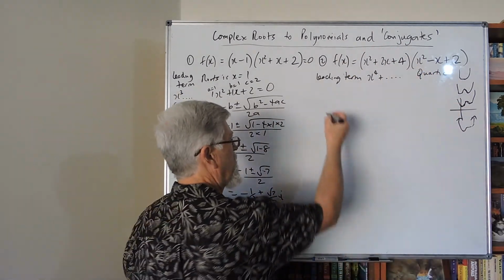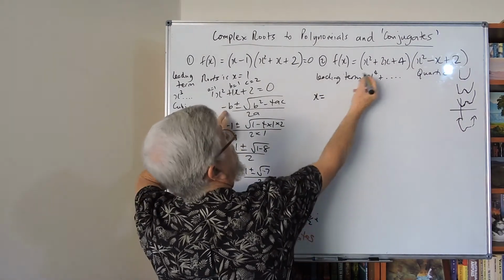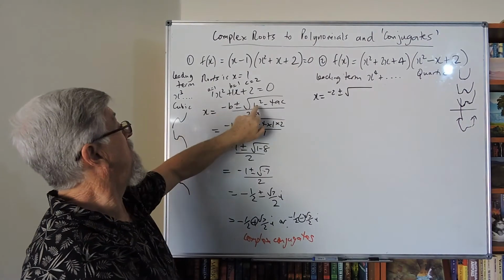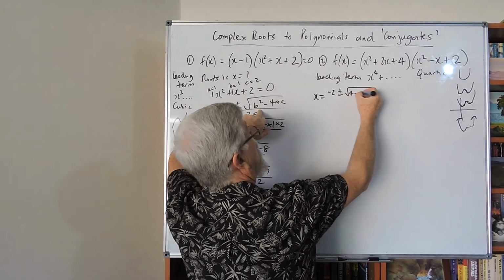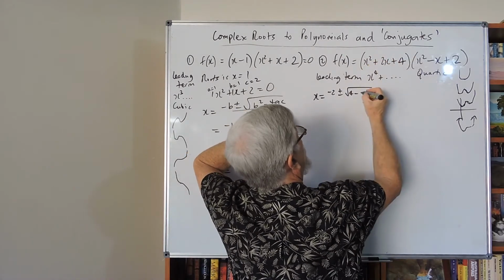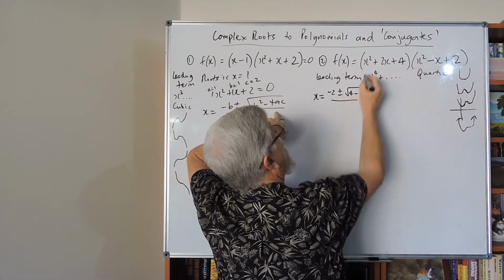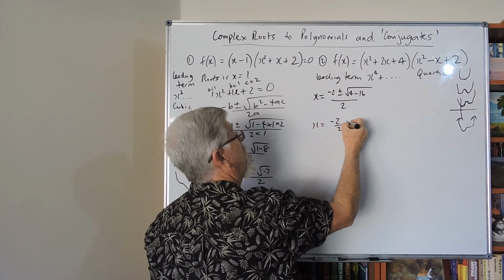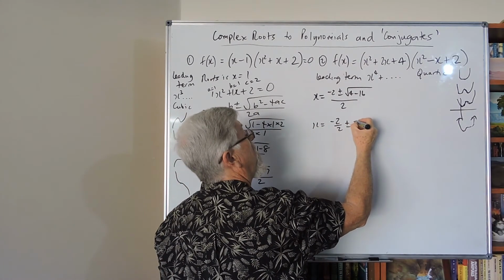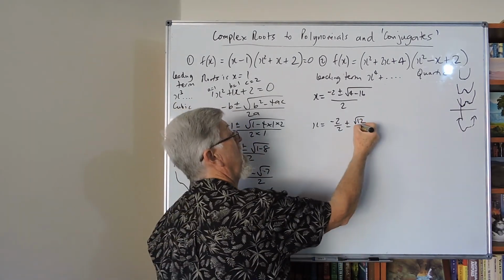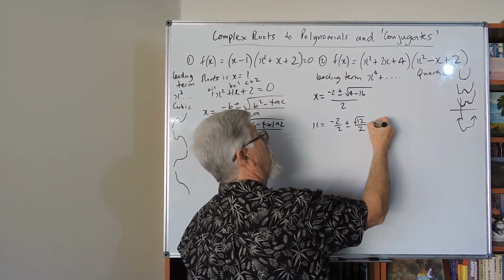So if I quickly went through the quadratic formula, I've got minus b, which is minus 2, plus or minus the square root of b squared, which is 4, minus 4 times a times c, 4 times 1 times 4 is 16, on 2a, which is 2. Then we have minus 2 on 2 plus or minus the square root of minus 12, so I can write that as root 12 on 2, and I've got an i there.